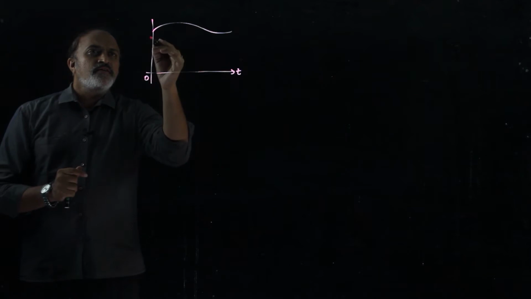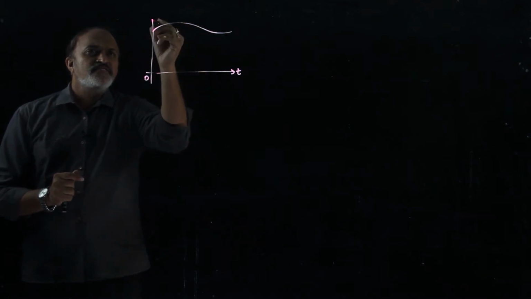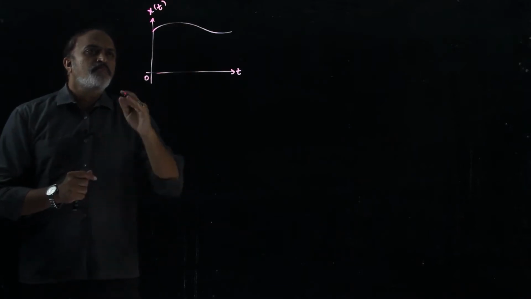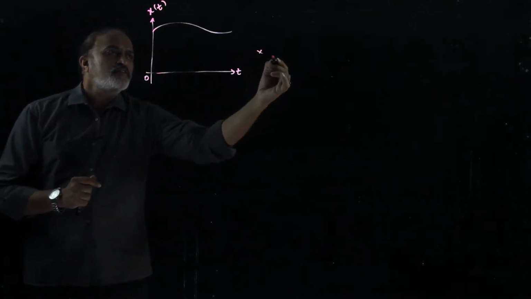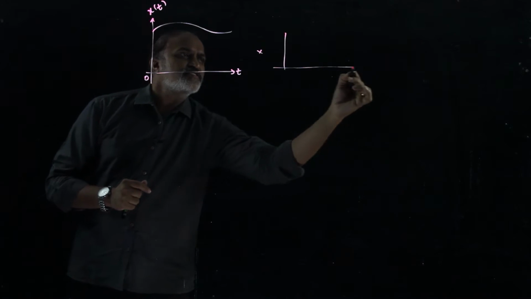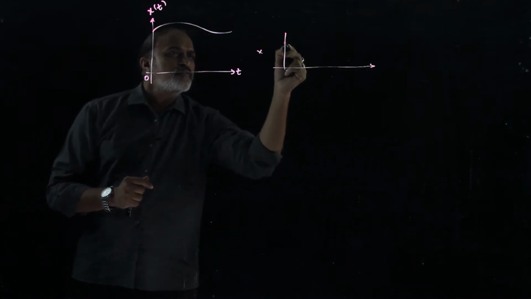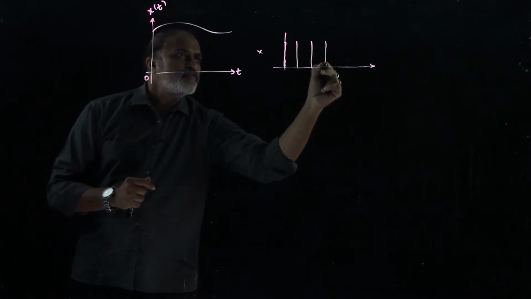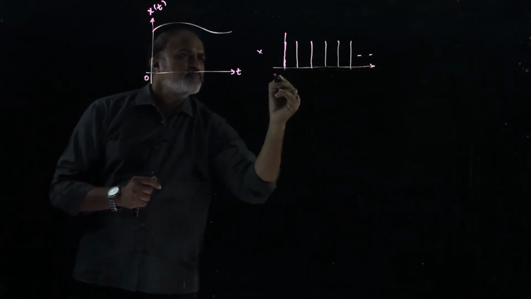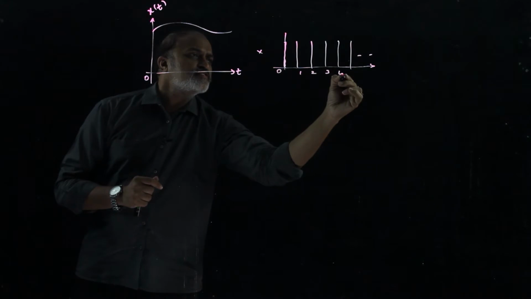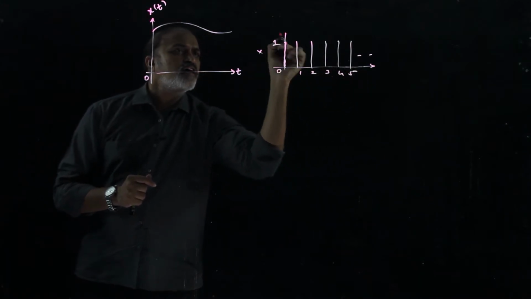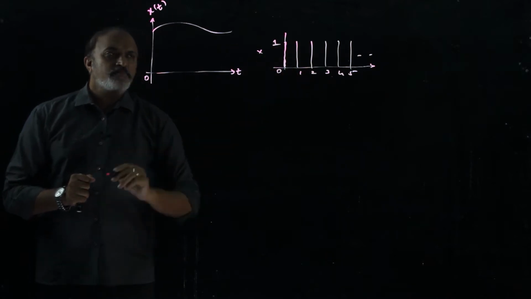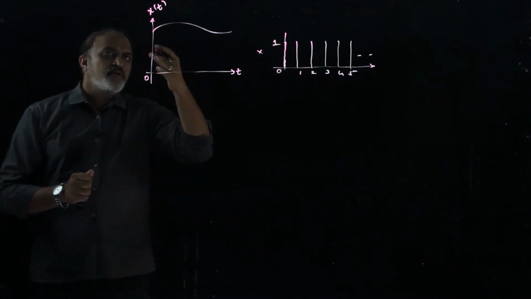The analog signal, which may be designated as x of t, may be multiplied with some impulse train, which is defined from 0, 1, 2 up to infinite, whose area is 1. So when this continuous signal is multiplied by this one, we can get the samples of the continuous signal.